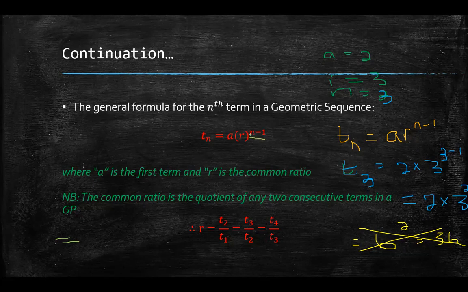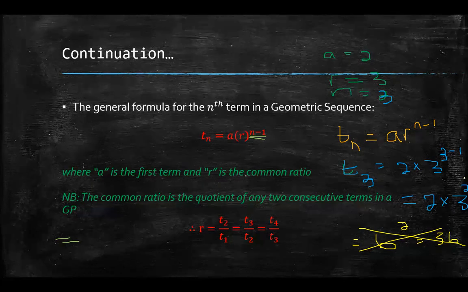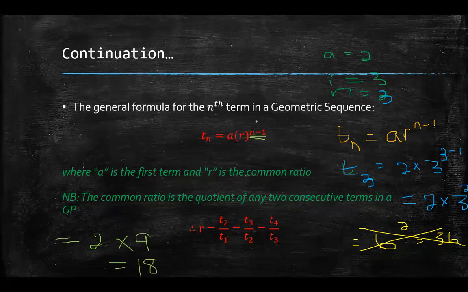This power is only for the R. So the correct answer here would be 2 by 3 squared, 3 squared is 9, 9 by 2 is 18. This power is only for the R. So it's the R raised to this power, not A times R and then that result raised to the power.